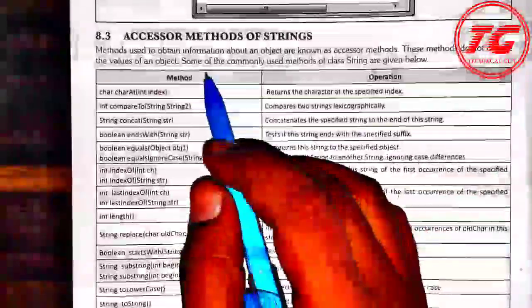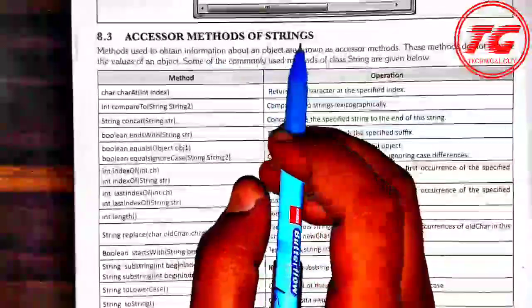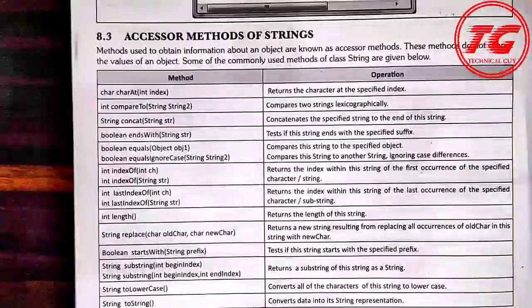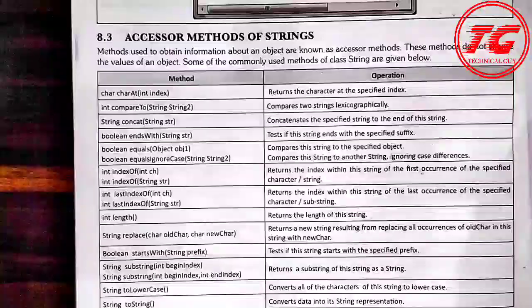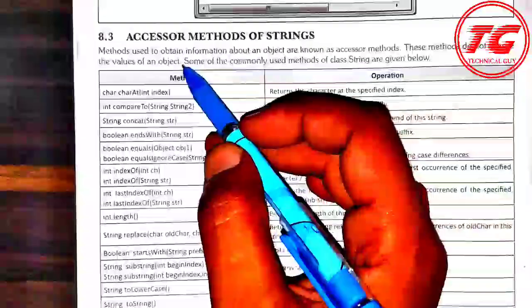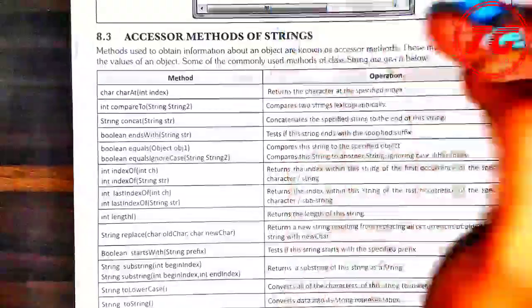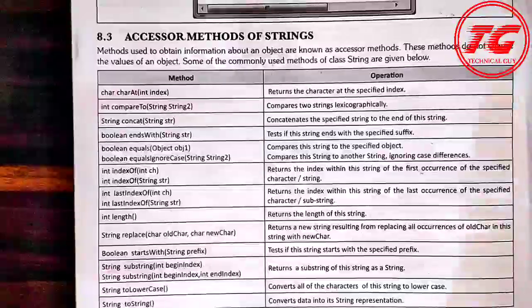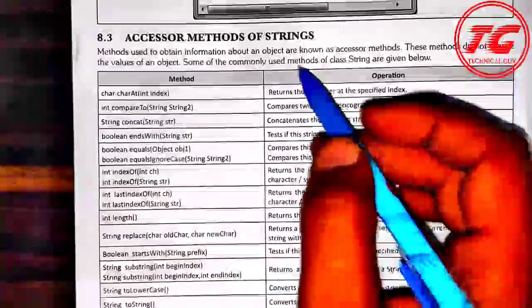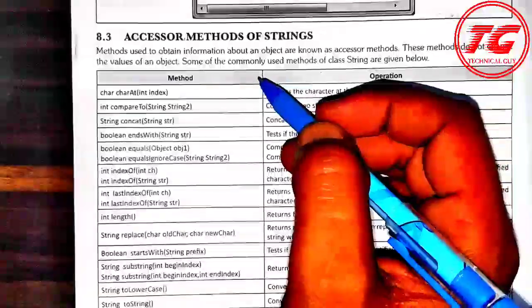Here we have the accessor methods of strings. Some methods are used to access information from the string. They are called accessor methods. These methods are not used to modify the string. Actually, these methods are used to just access some information from the string.